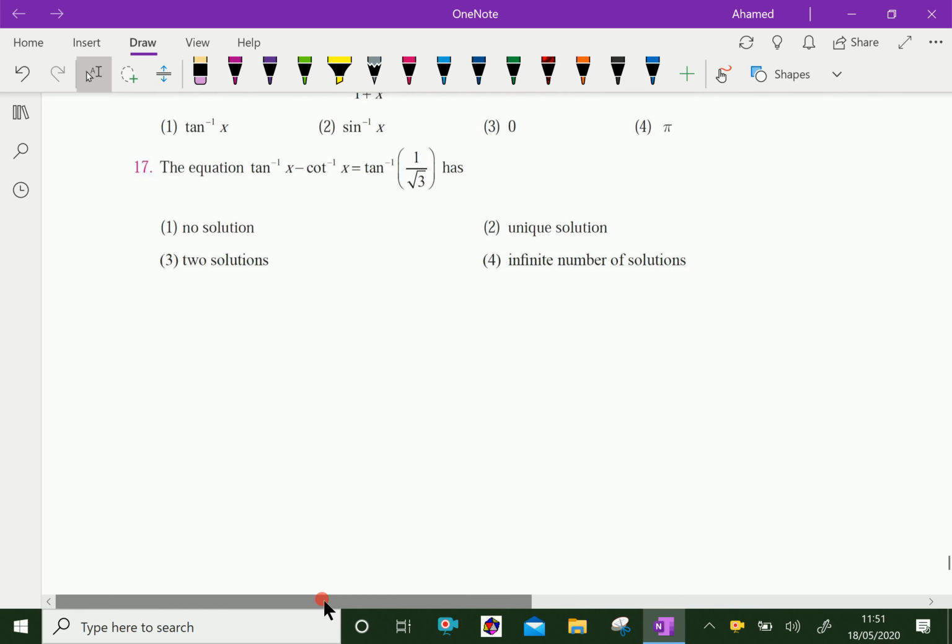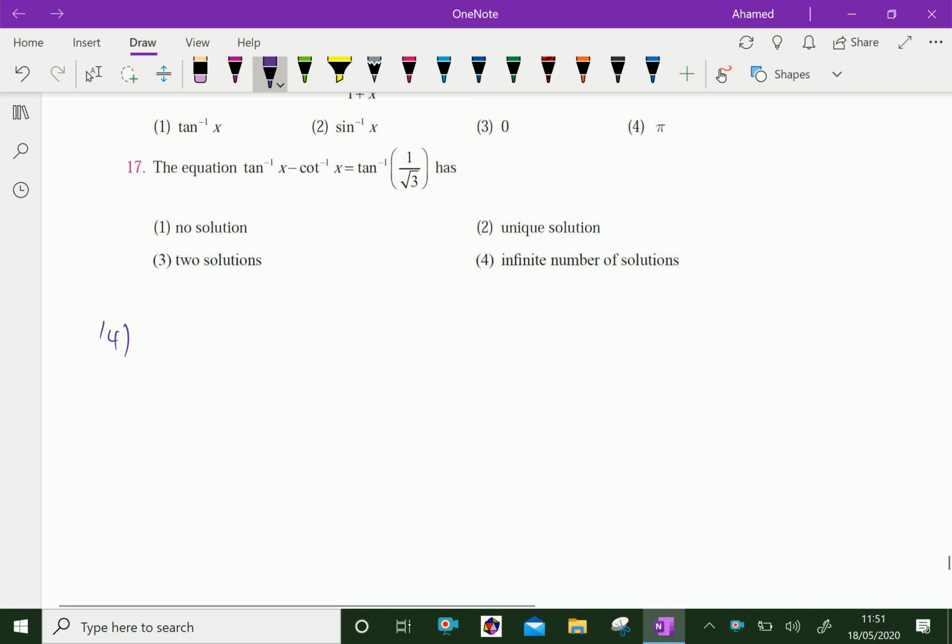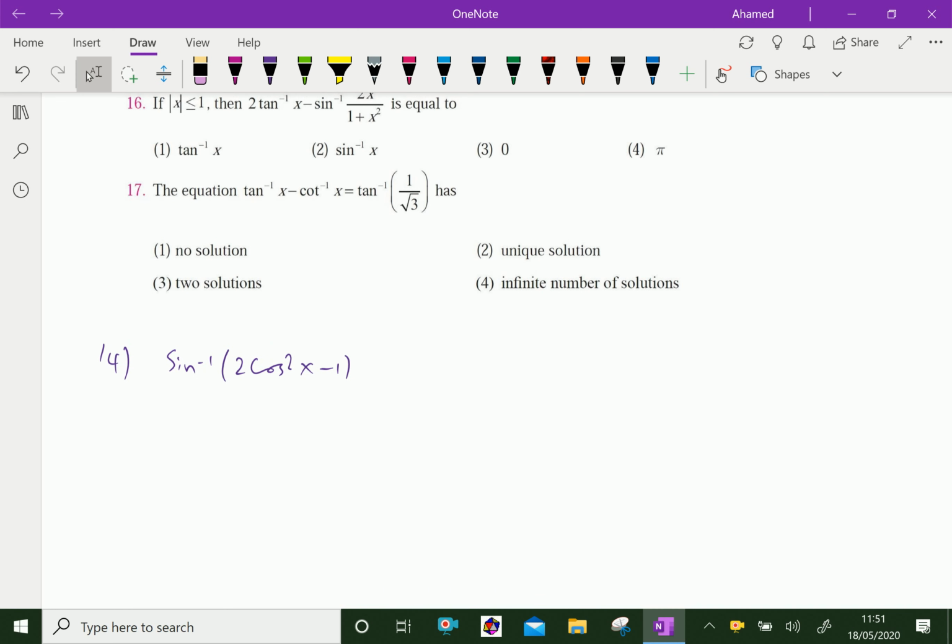Here, sine inverse of 2 cos squared x minus 1 plus cos inverse of 1 minus 2 sine squared x.